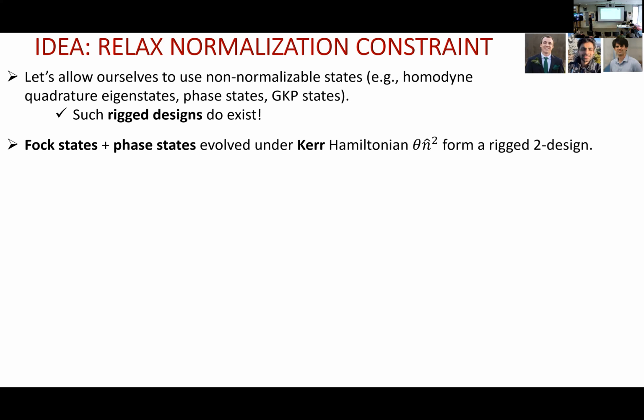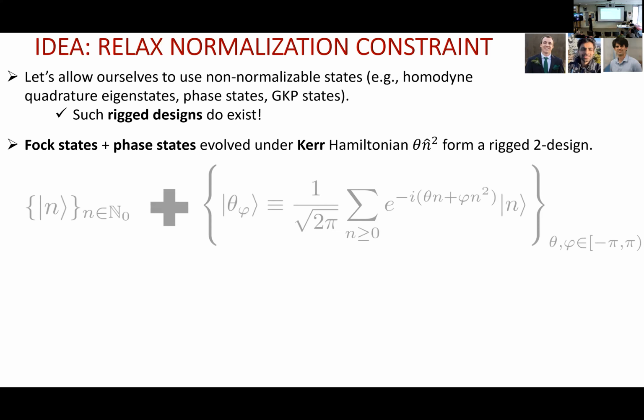So here is one example that we found. We did not find many examples, but we did find one. And these are the ingredients for this set of non-normalizable states. We can call them vectors. They are the Fock states, so literally the basis that you have for your space. And then these things called phase states, which are equal superpositions of all Fock states with a phase theta, which is an angle.